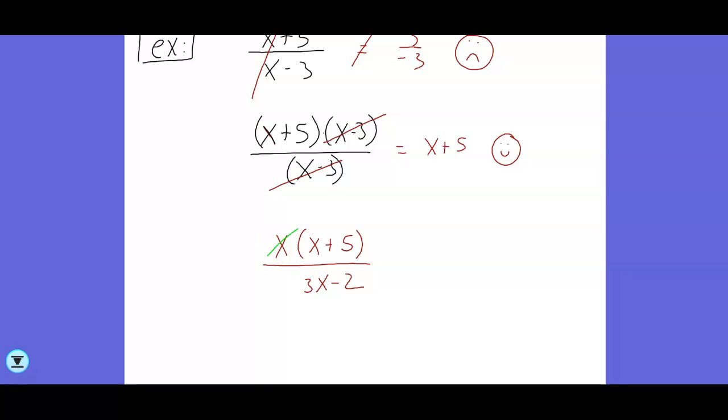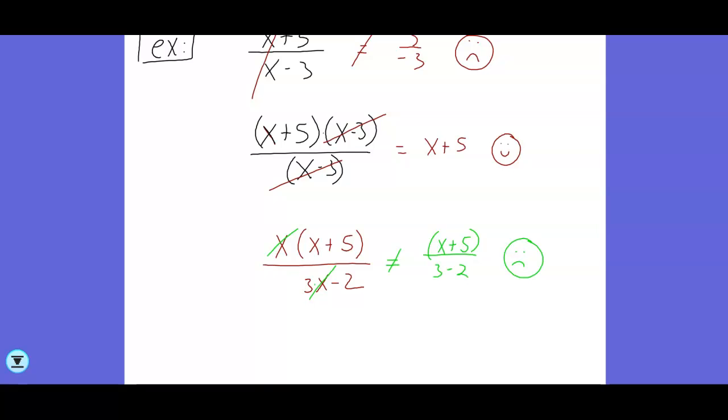This, even though it's being multiplied by x plus 5, can't cancel this. And the reason is because this x, even though it's being multiplied by the 3, is also being subtracted by 2. So you can't do that. That's a no-no. That's a sad situation. Not allowed to do that.